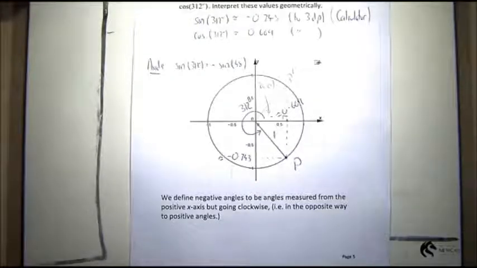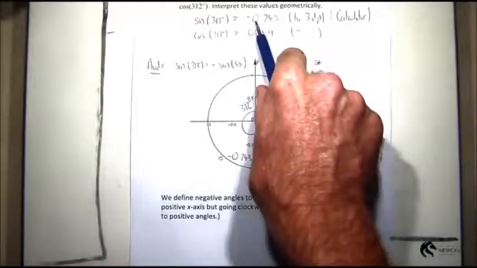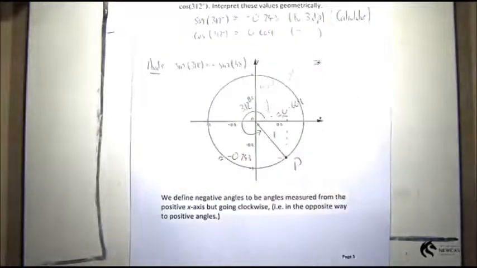Did it work? What have I done wrong? 48 looks like it should work. Should be 0.743. It is right, because it's negative. The sine of 48 should be 0.743. It should be positive. That's right, and that's the negative of this. So it should work.